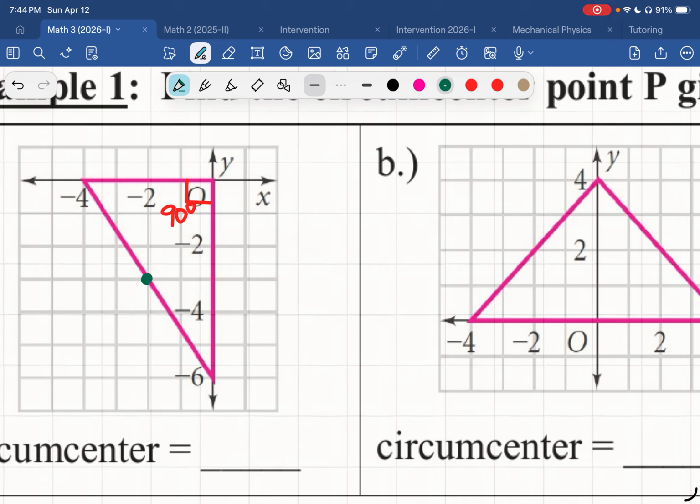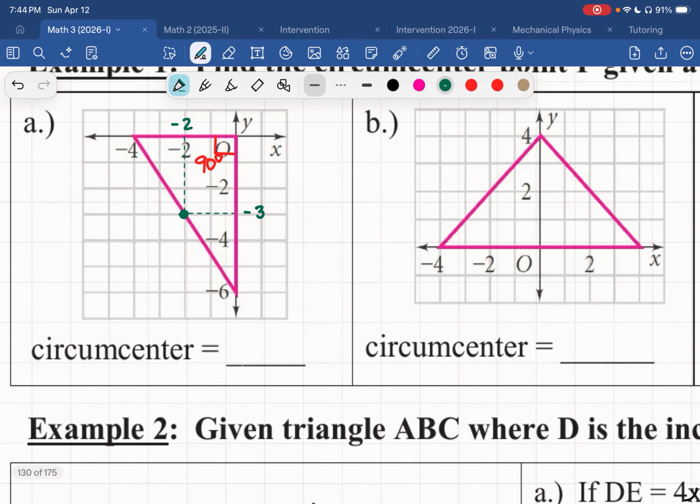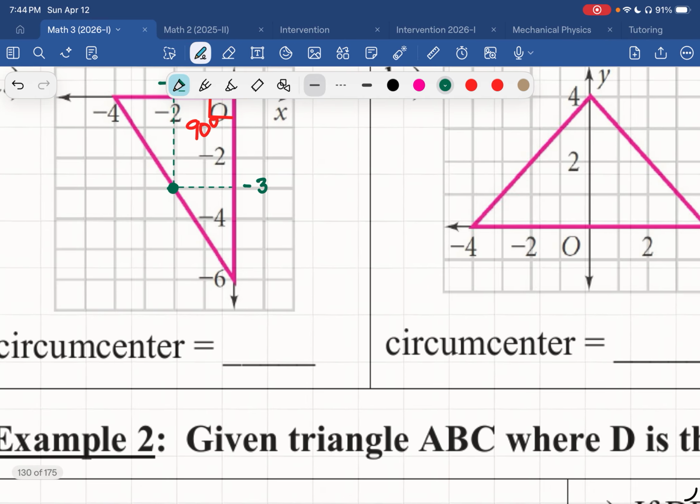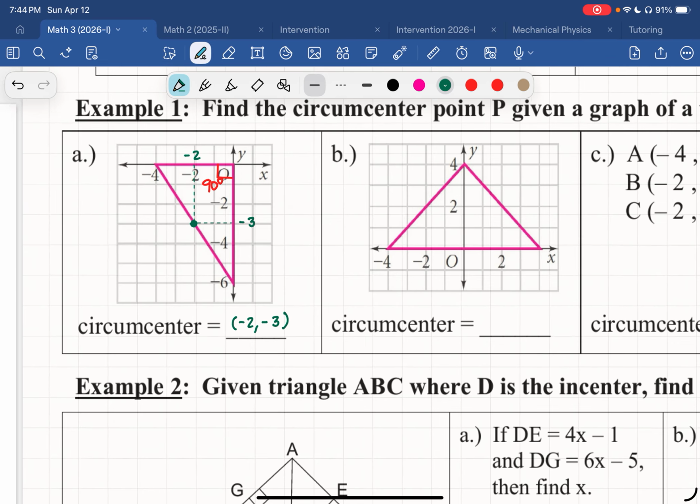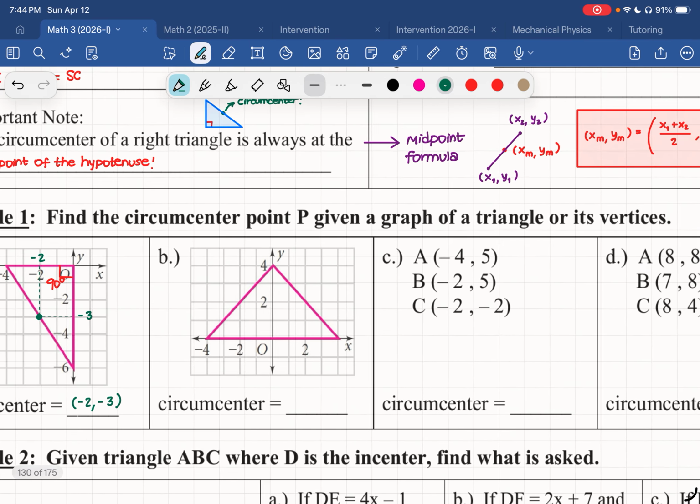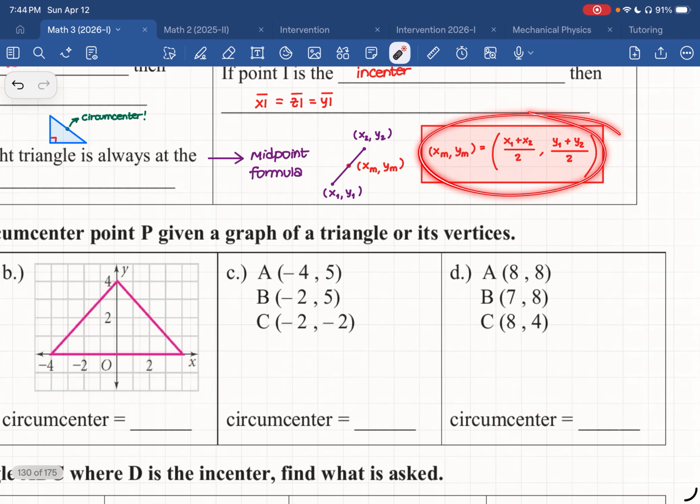And I can say, okay, the coordinates of the midpoint are, let's grab them here, -2 and -3, right? So the coordinates of the circumcenter is -2, -3.